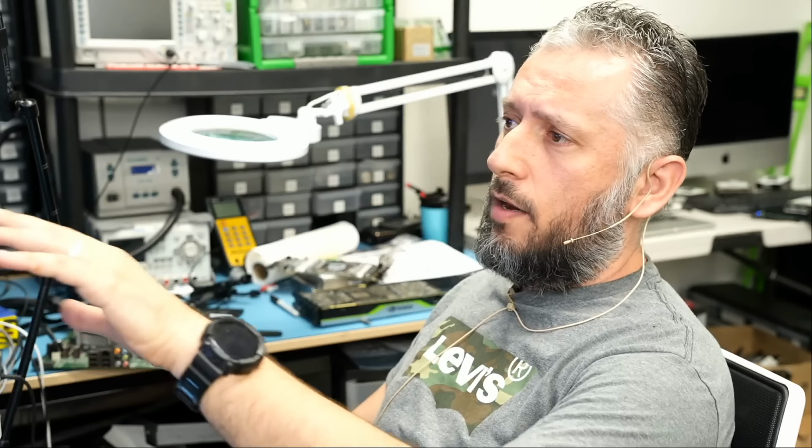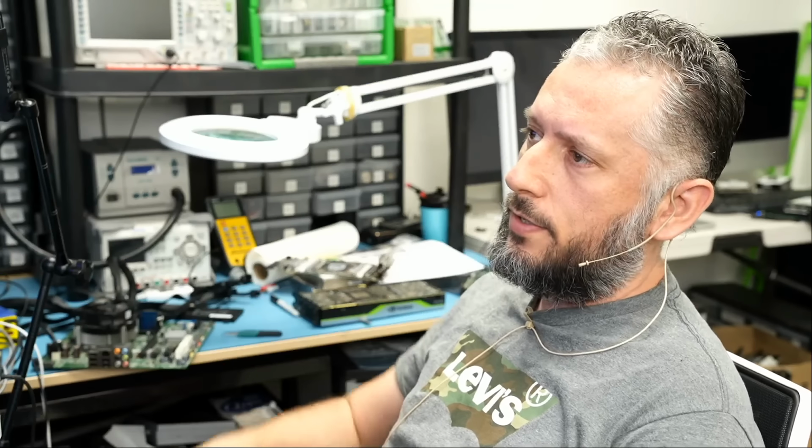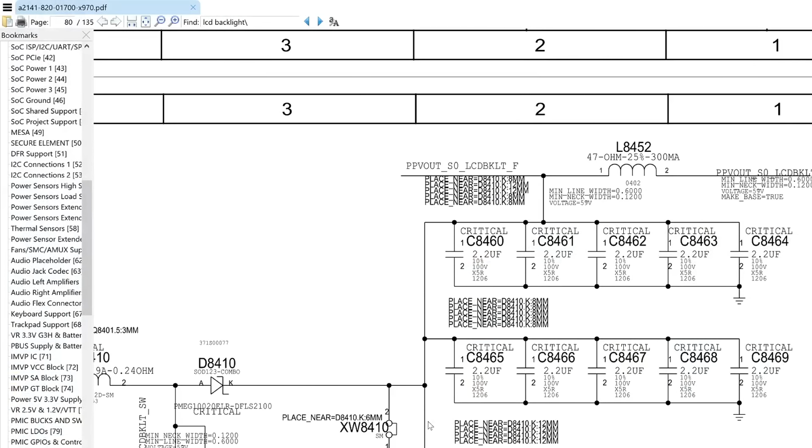I mentioned in a lot of previous videos that having a schematic alone is not enough. Right now we see C8460, C8461, and all the capacitors that we have on the right side here. But where are those capacitors on the board? We cannot tell by looking at the schematics where those components are on the board. And that's where you need a board view diagram.